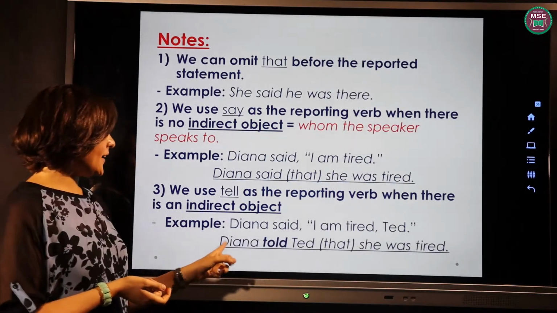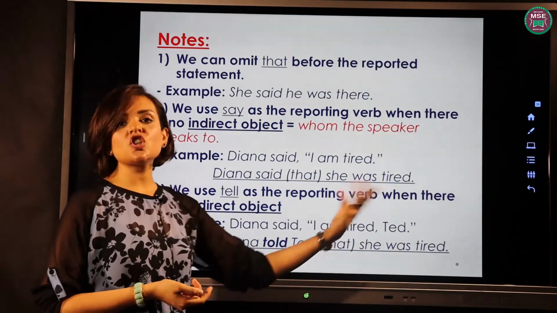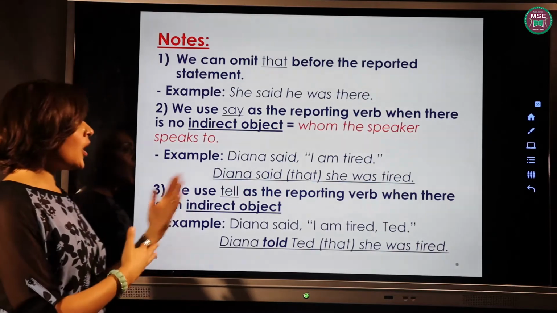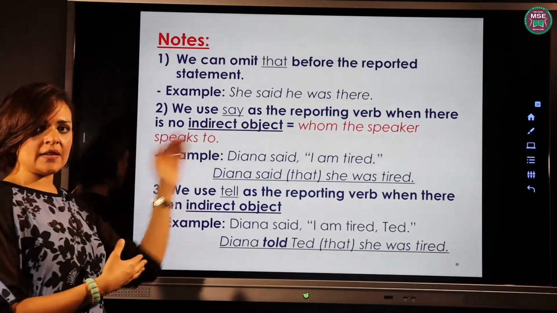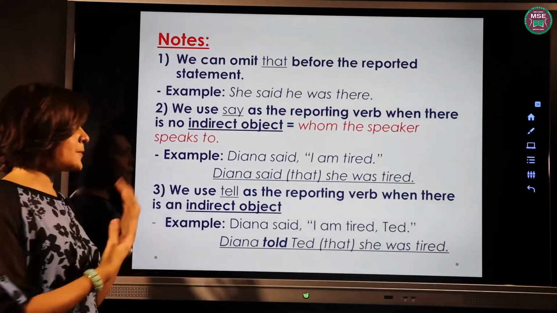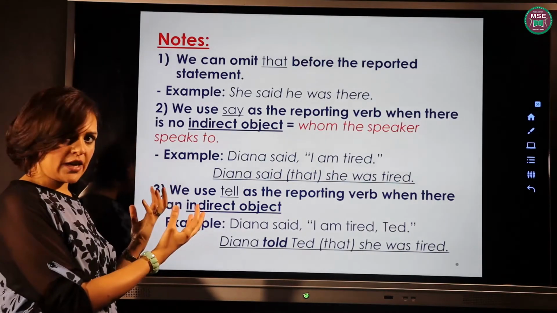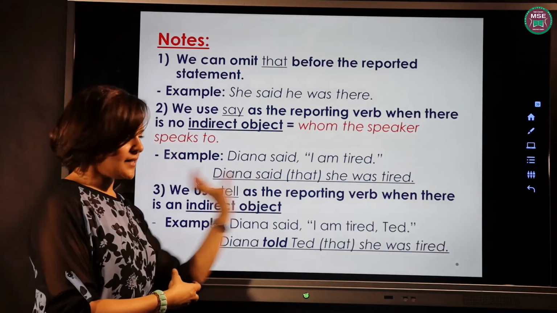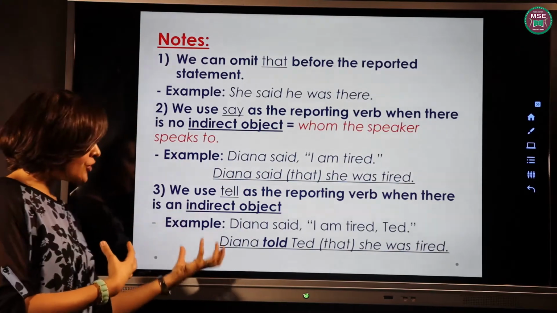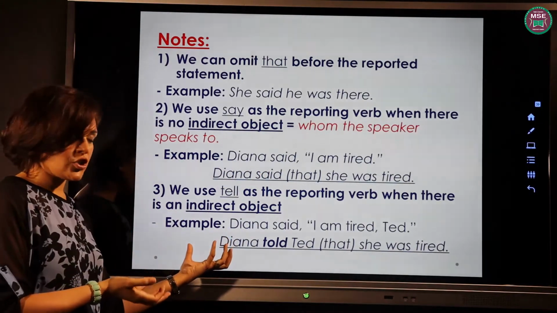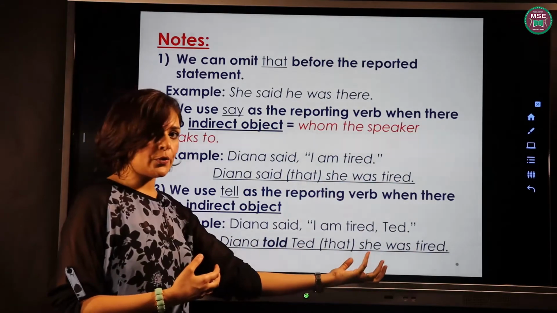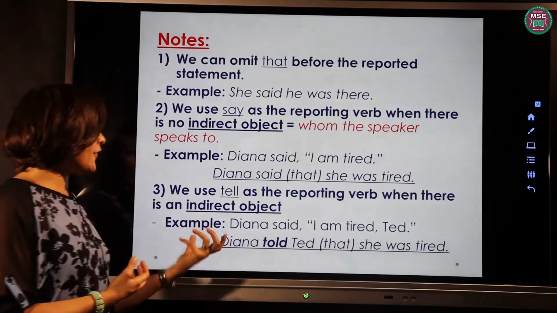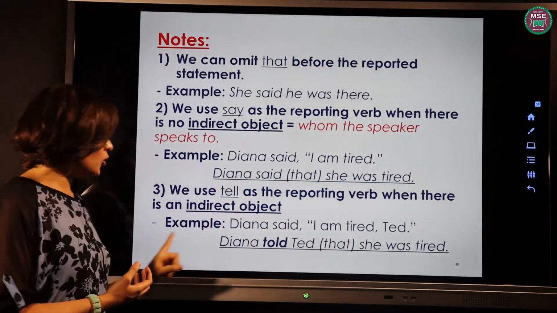So it will be Diana told Ted that she was tired. So again, when I don't find a person mentioned in the quotation marks or a speaker, two speakers together, I will keep the word said as it is. But when I find a person saying the quotation and speaking to another person, which is an object or indirect object in this sentence, I have to change the word said to be told.